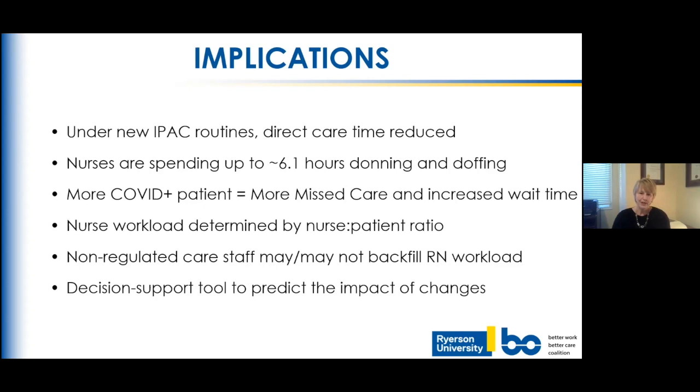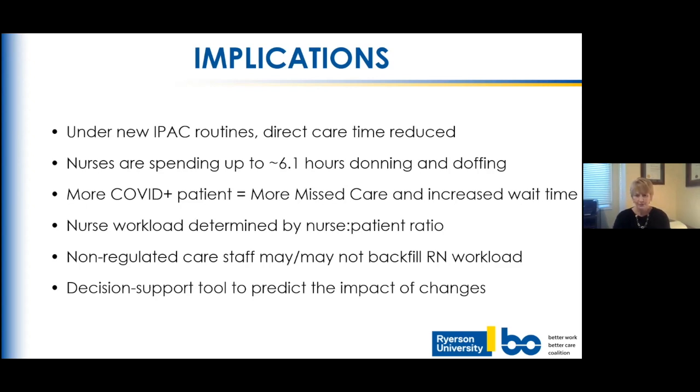The results may have implications in terms of how we think about making our patient care assignments. So again, is a 1-to-5 nurse-patient ratio currently even feasible for nurses to get the care done by the end of the shift?